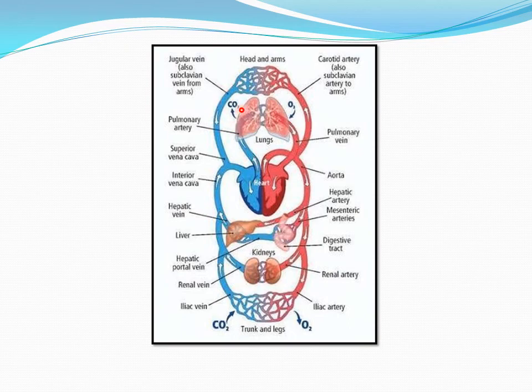Once purified in the lungs, the oxygenated blood reaches the left auricle through the pulmonary vein. This process goes on within one heartbeat. Within one heartbeat, this whole thing occurs twice in the heart, and that is why it is called double circulation.